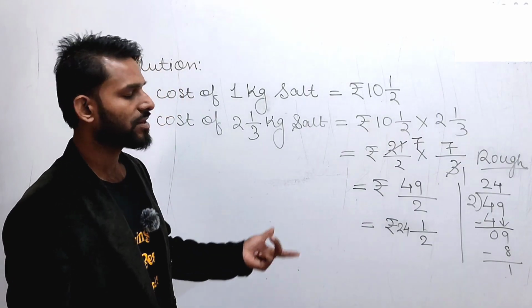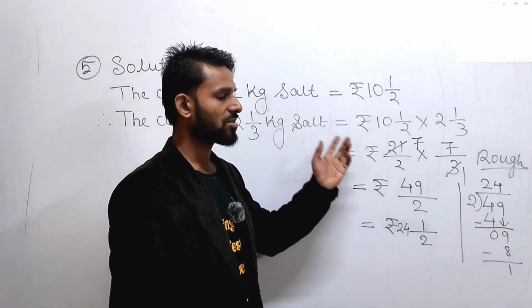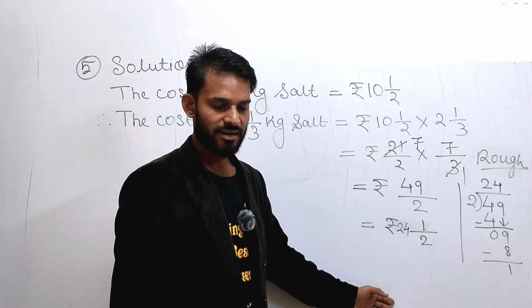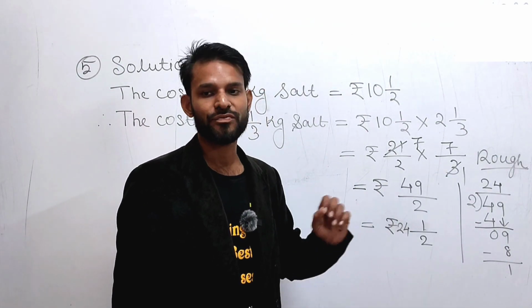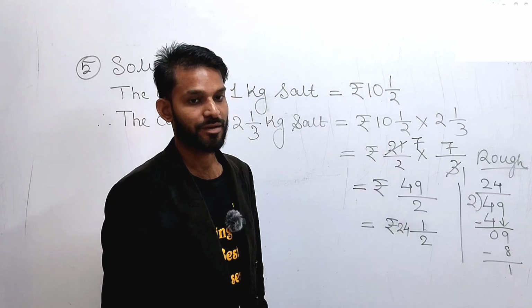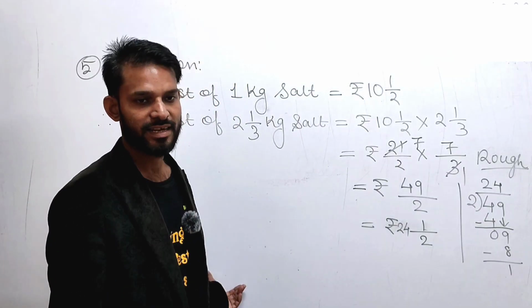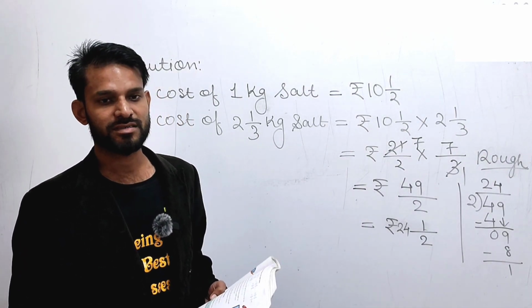Clear? But without calculation, you don't write the answer directly. Because you have done a lot of work on this solved problem. Everything is correct. But for this calculation, sometimes the teacher may deduct 0.5 or half mark. Maybe. So better to show the calculation on this side. Clear? Now any doubt? No.